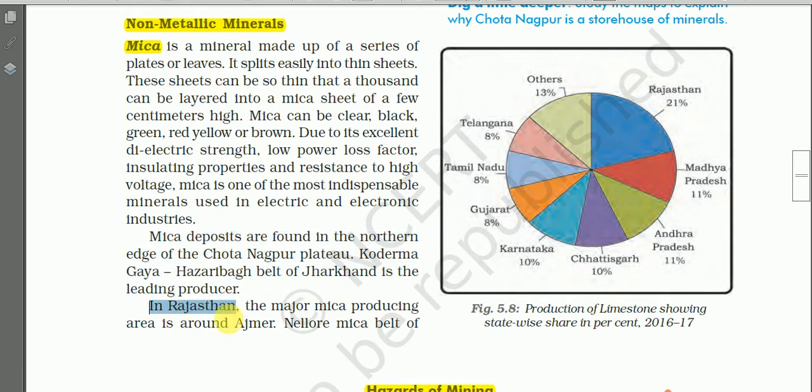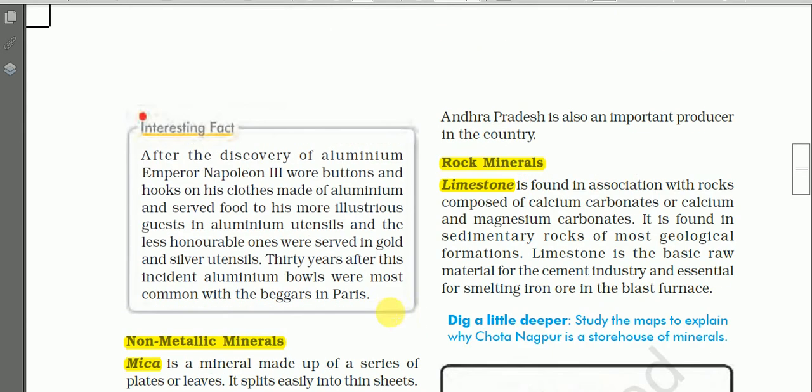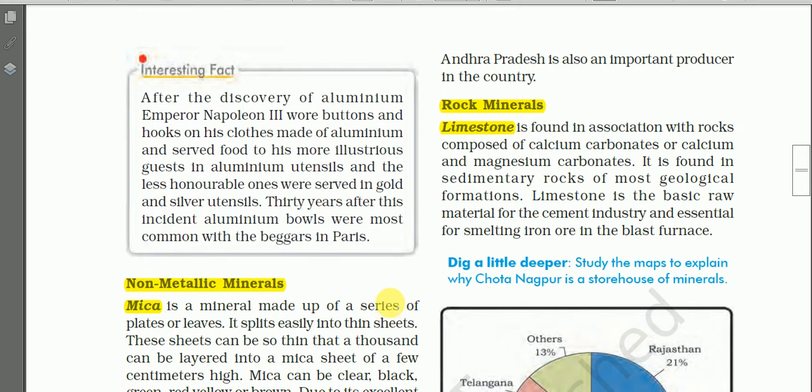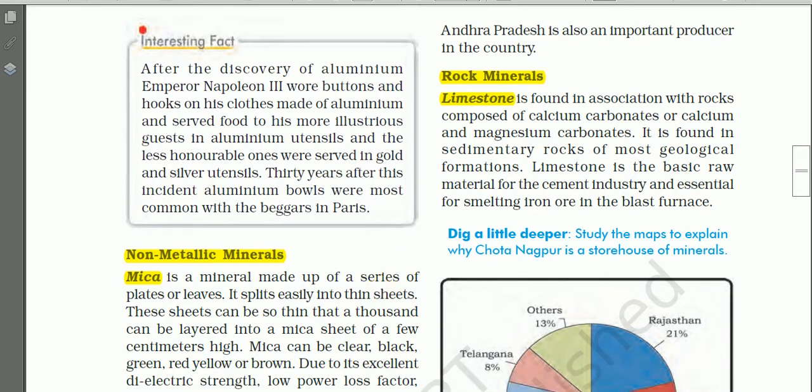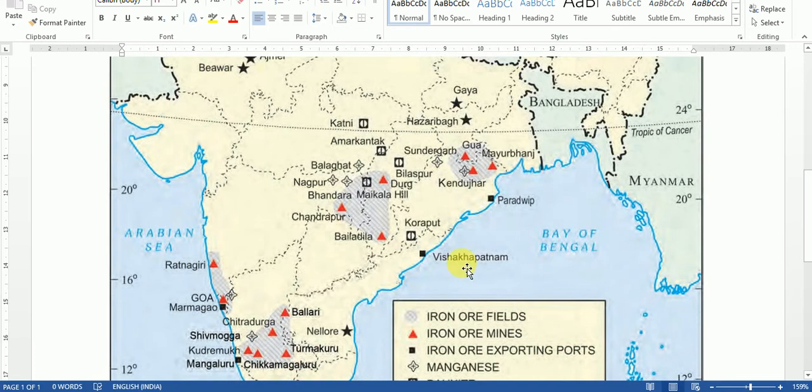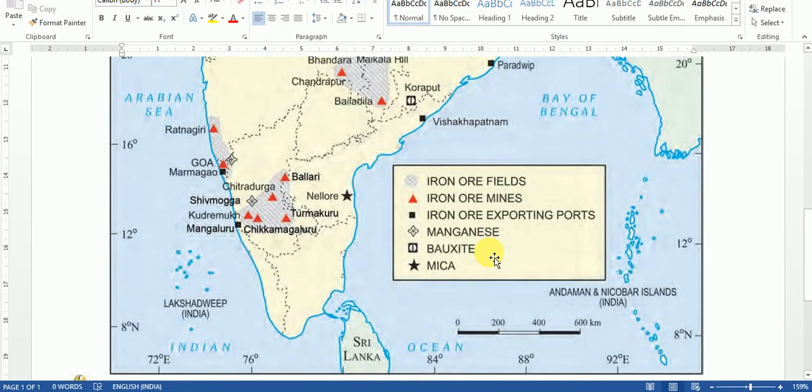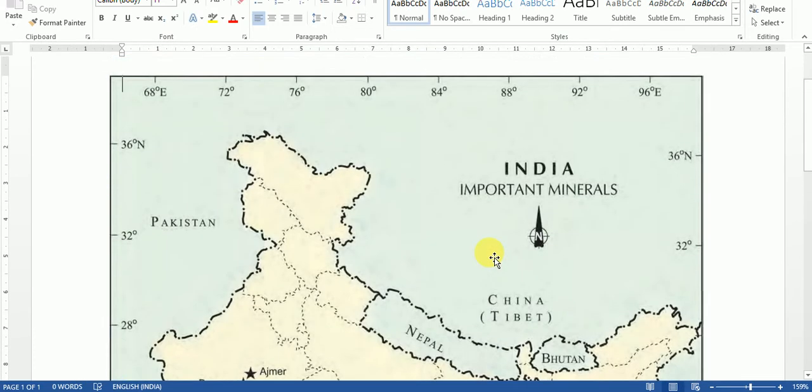In Rajasthan, the major mica producing area is around Ajmer. Then the Nellore mica belt in Andhra Pradesh is also an important producer in the country. So this is about distribution of mica, and here this map shows the distribution of mica.